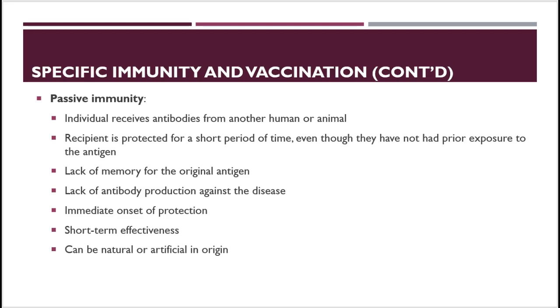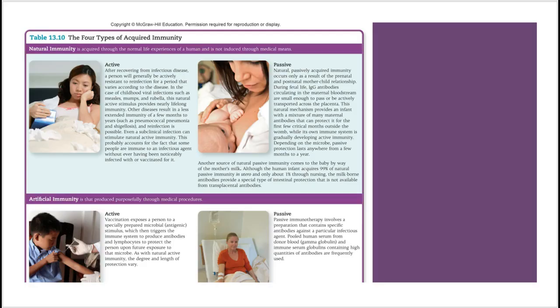So they can receive those plasma cells from a donor that will then provide some short-term protection from an infection. This image is from your text, and it shows the combination of natural and artificial immunity, along with examples that illustrate active forms and passive forms.